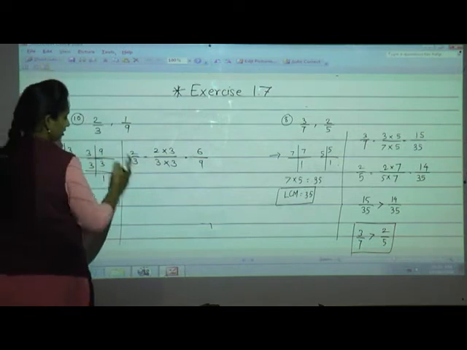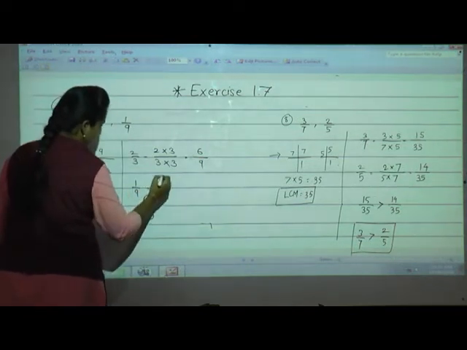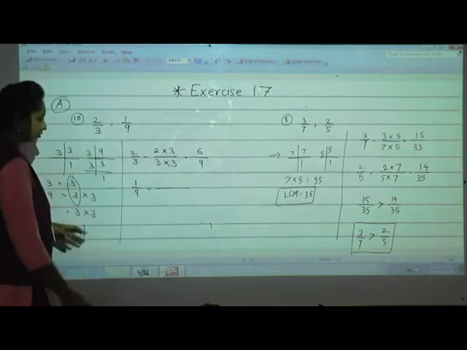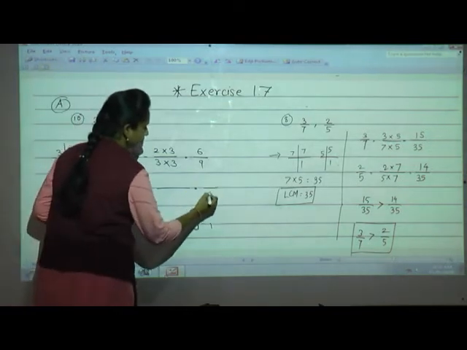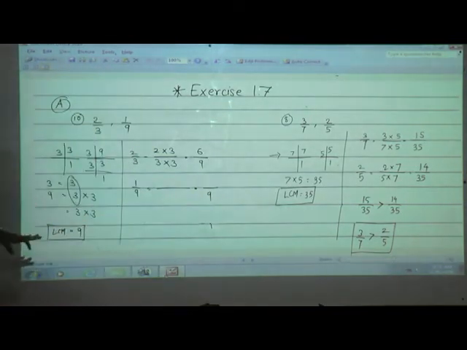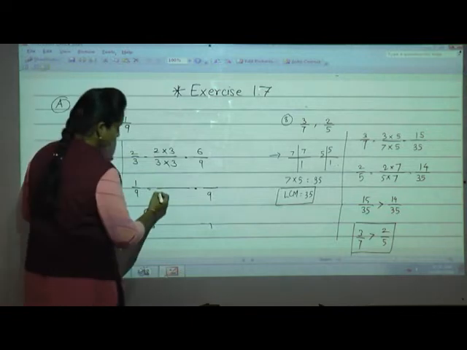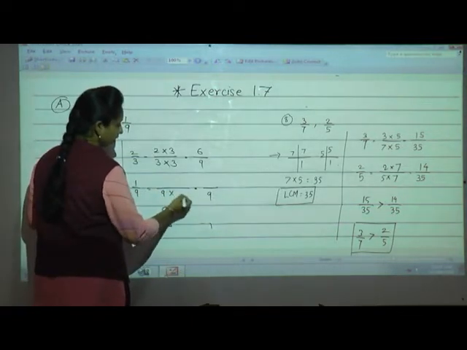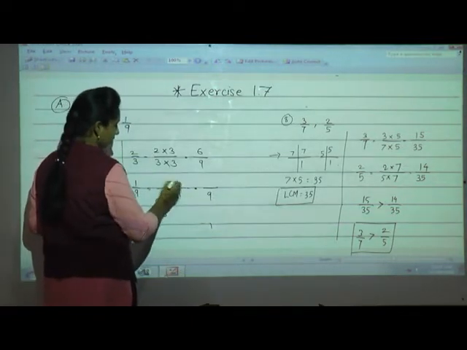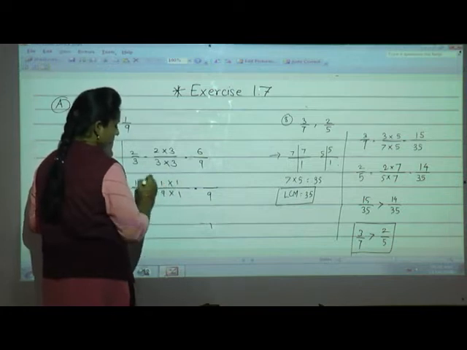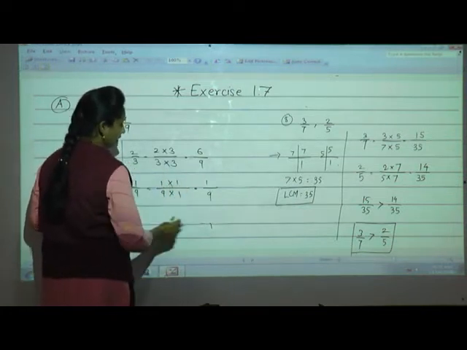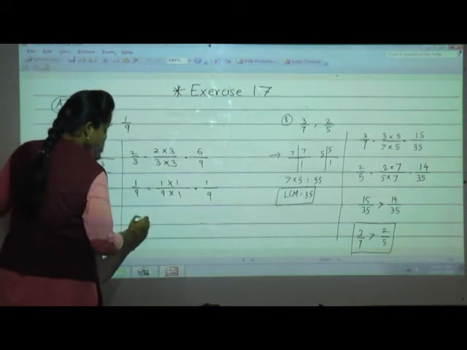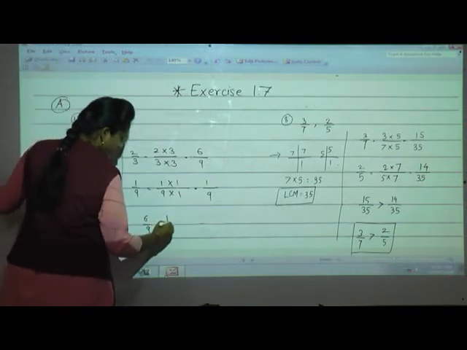Okay. Now the next number, 1 upon 9. Now what should come in the denominator place? 9. So 9 ones are 9. So 1 as it is and 1 as it is. 1 one is 1. So the fractions are 6 upon 9 and 1 upon 9.